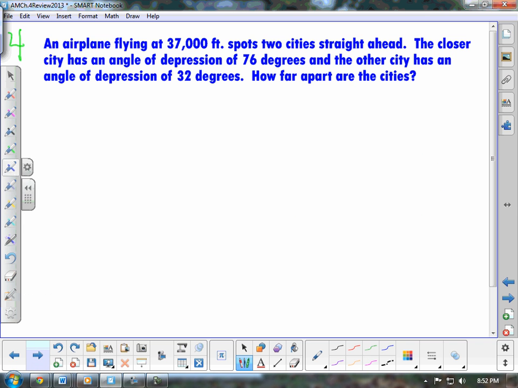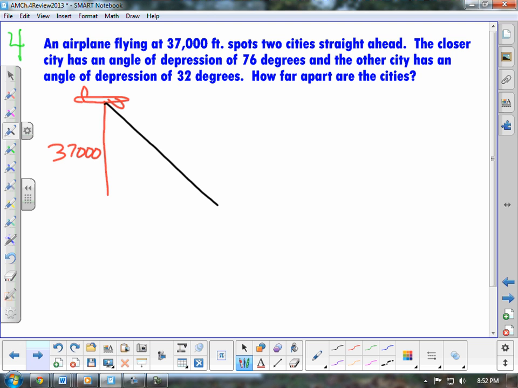Now on to these story problems. In this first one, you have a plane that is at 37,000 feet altitude. And it's flying, and up ahead, it spots 2 cities. One of them has an angle of depression of 76 degrees, which the angle of depression is from the horizon down, so this is 76 degrees, which is the same as your angle of elevation.